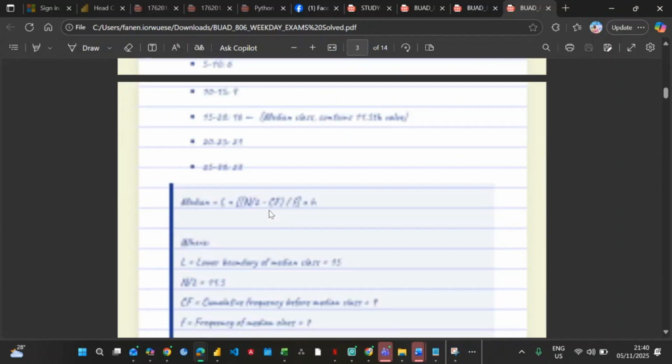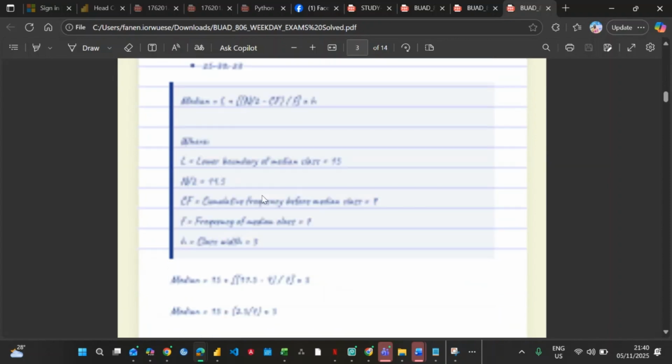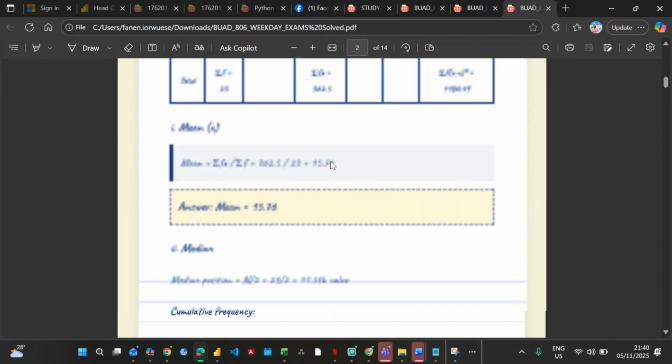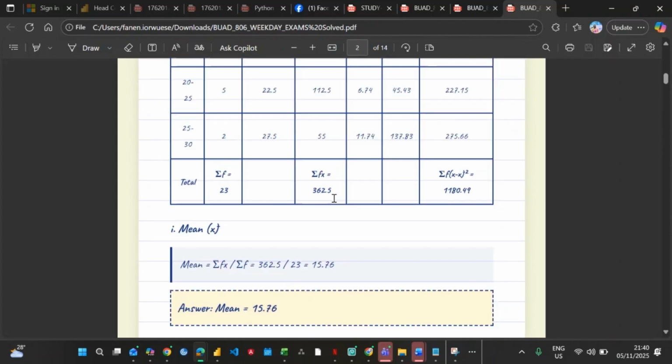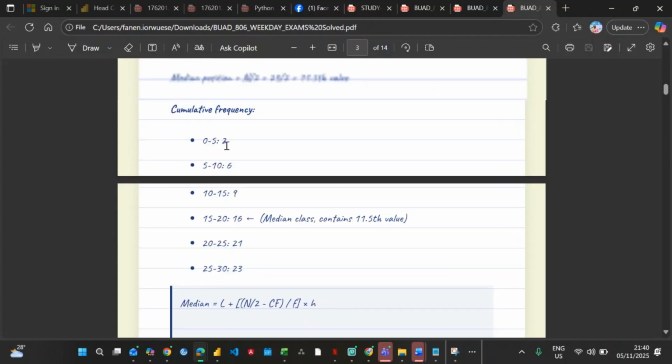Just like the first one we saw, where we chose the 11th. Let me just show you why I chose that. Where is that question? Okay, it was this one. We said that we are choosing this, and it falls in between 15 and 20.